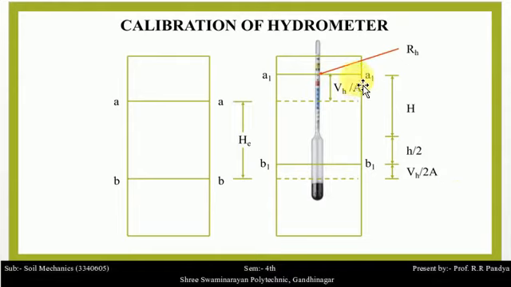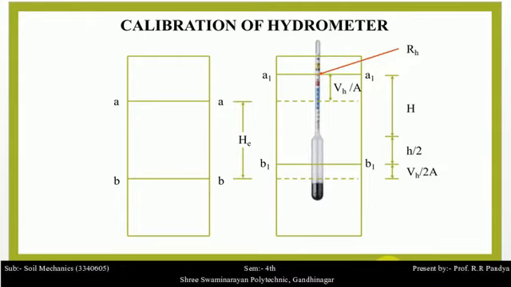After inserting the hydrometer, the level of AA and BB will be increased. The difference between AA line and A1 line is considered as VH upon A. The difference between BB and B1 line is considered as VH upon 2A.